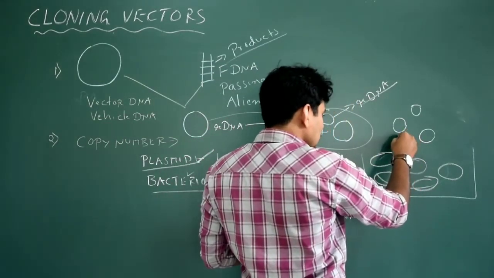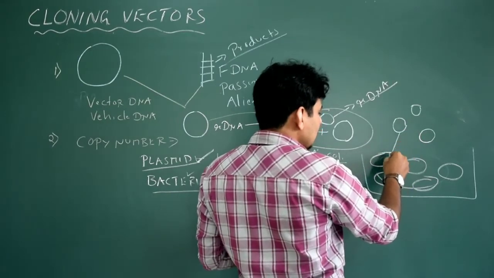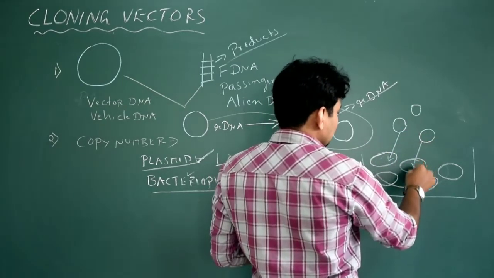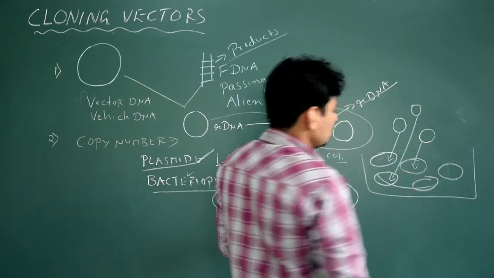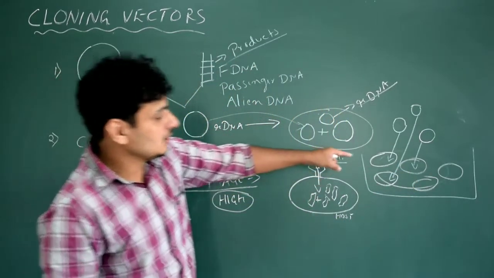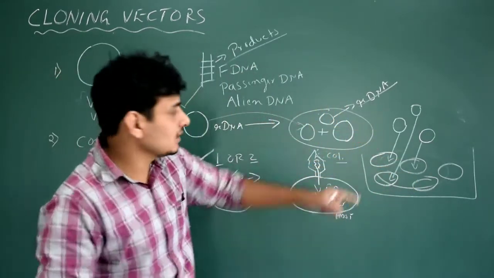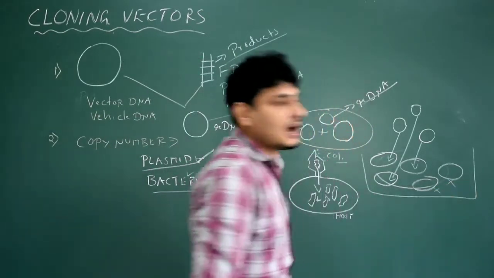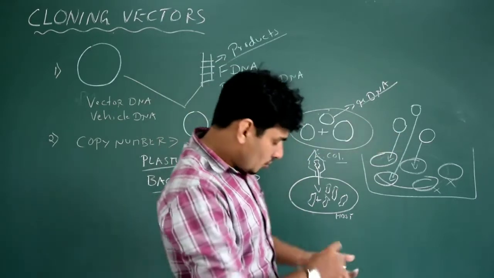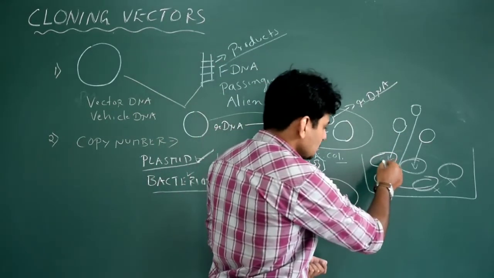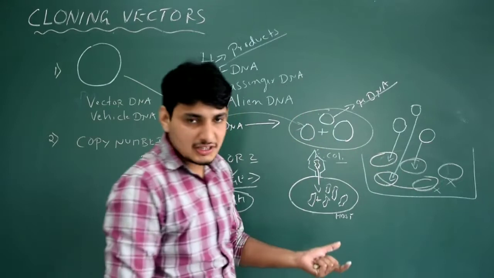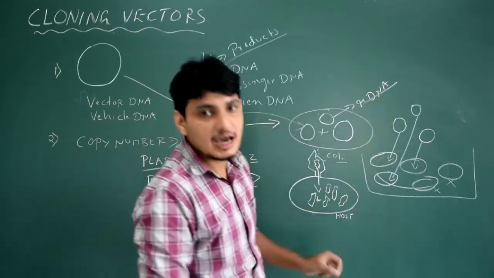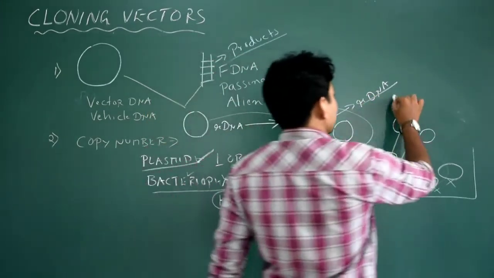But anyhow, let us assume that he is trying to introduce this rDNA into the host organism. Out of 5 host organisms, particularly 3 host organisms have taken this rDNA. Okay, so these 2 have not taken that rDNA. So these particular 3 host organisms, which have taken up this rDNA, are called recombinants.